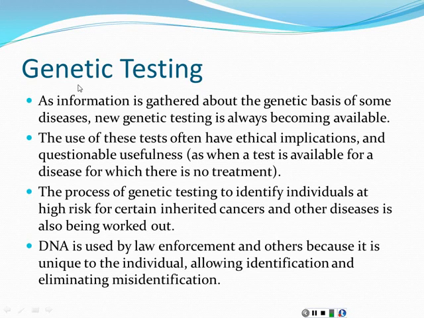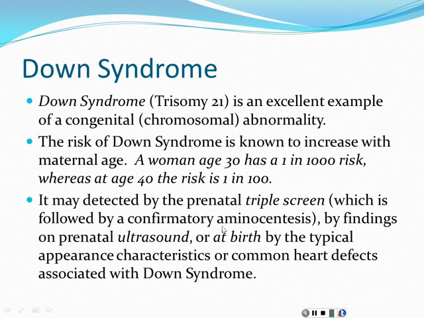Because when you find out, for example, that an uncle has been diagnosed with Parkinson's disease, a lot of times everybody in the family wants to know if they're going to have that same disease. And it depends on the doctor as to whether or not they'll run those genetic tests that you're interested in. And then, of course, we know that DNA, because it's unique to everybody, is used by law enforcement for its identification ability.